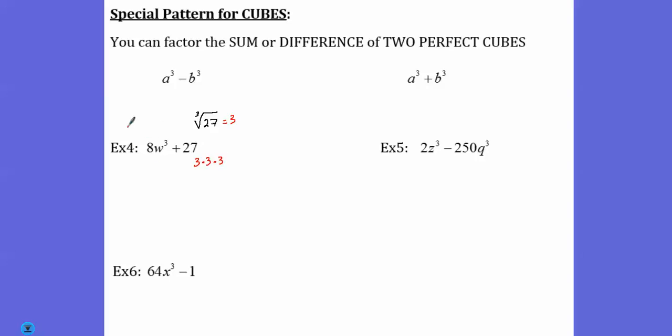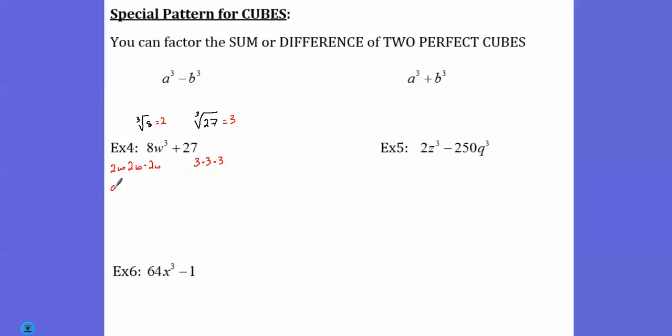Cube root of 8 is going to equal 2, which is going to be 2 multiplied to 2 multiplied to 2. However, this is a w cubed, so I need to include the w's in each of the terms. So it would be 2w multiplied to 2w multiplied to 2w.